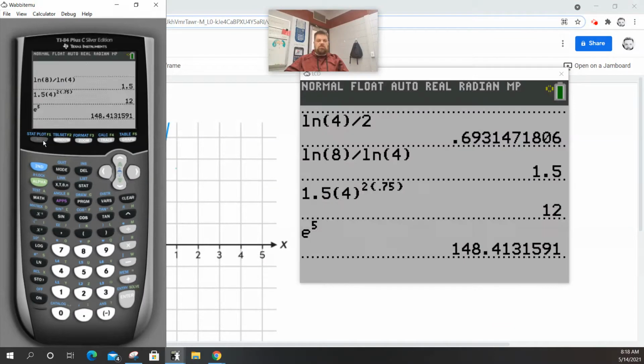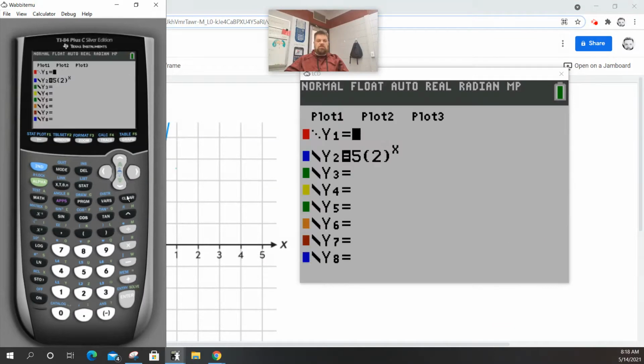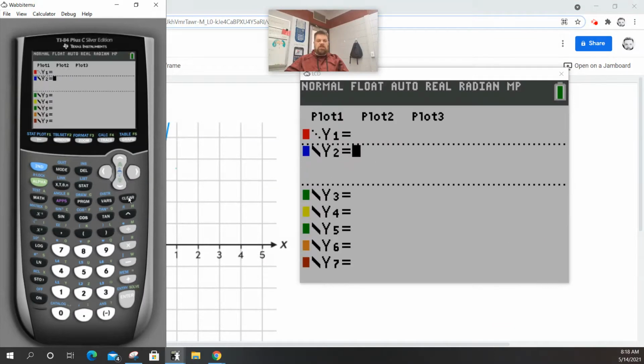So y equals, clear that out, and I'm just going to put in e raised to the x.